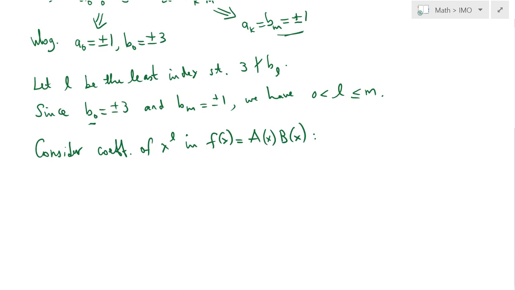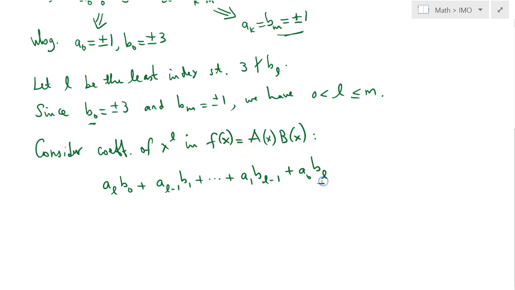Well, when you multiply out the terms, the coefficient of x to the L would be the following sum of products: a sub L minus 1 b sub 1 plus all the way to a sub 1 b sub L minus 1 plus a sub 0 b sub L. So that would be the coefficient of x to the power L in the expansion of f of x.